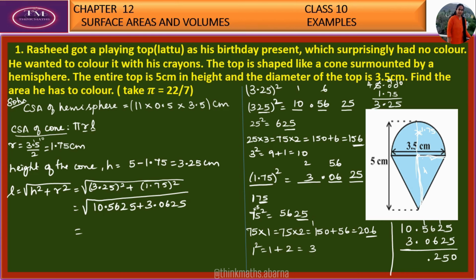Balance 1. 1 plus 5 is 6. And a decimal, 0 plus 3 is 3. And this 1. So it is square root of 13.6250. Now we have to find out the square root of 13.625. So let us do that.